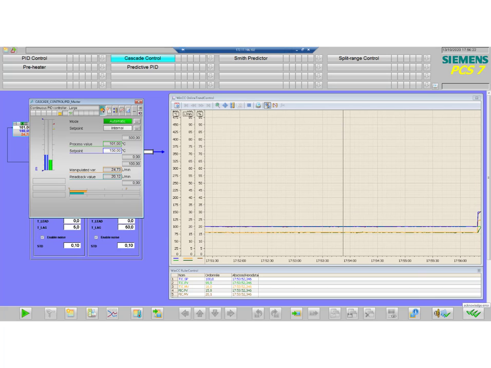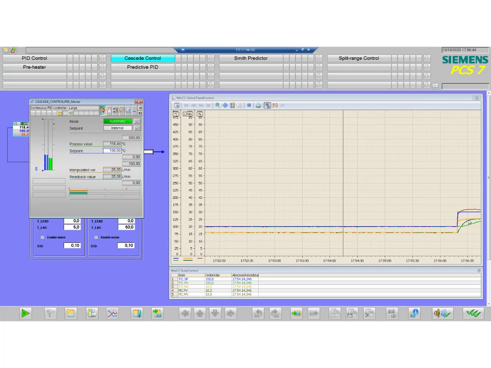You can see here in dark blue, this is the set point of the outer loop, right? And you can see the set point of the inner loop, which is really the MV of the outer loop over here, right?